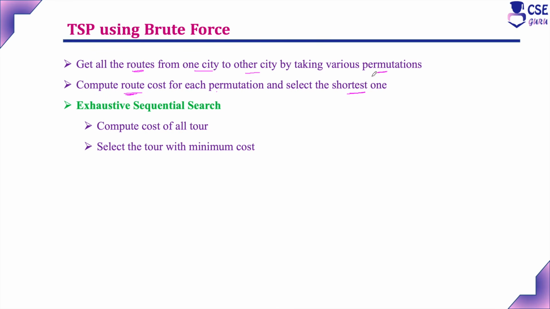With the given graph, consider all the possible routes, compute the cost of each, and among them choose the minimum. That is the brute force technique, and it can be implemented using exhaustive sequential search: compute the cost of all possible tours and select the tour with minimum cost.